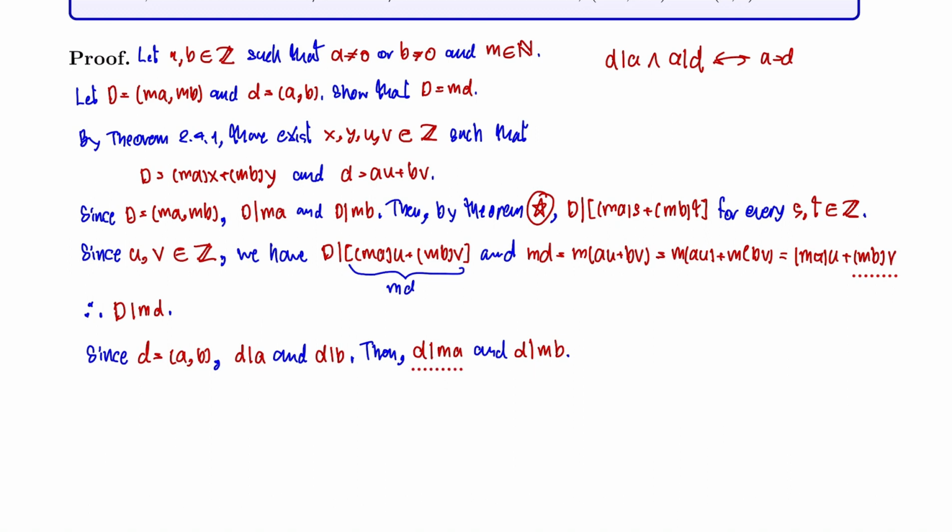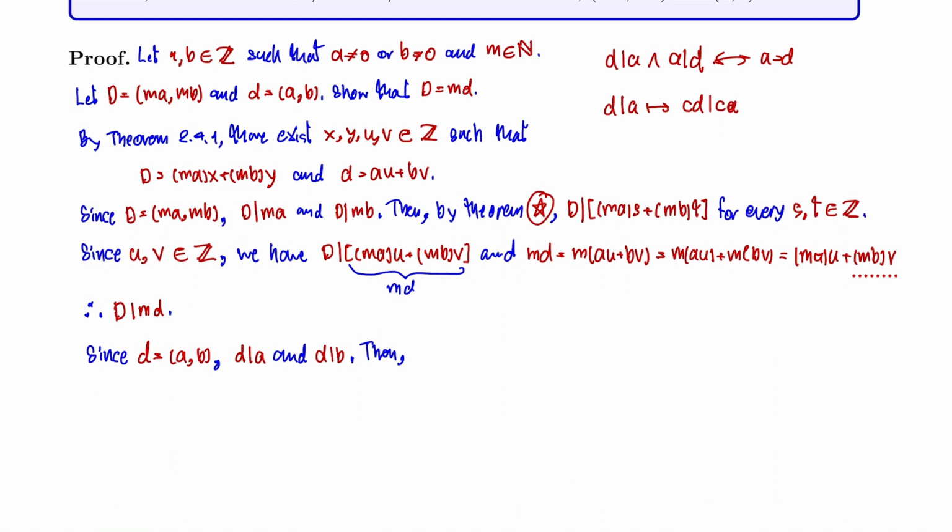And then I'm terribly sorry, I forgot to multiply m on both sides. So apologies here. If you have d divides a, then you can multiply by c on both sides of this division bar, so we have cd divides ca.